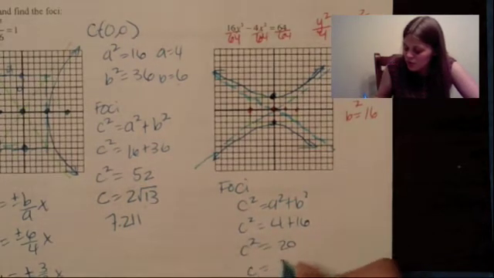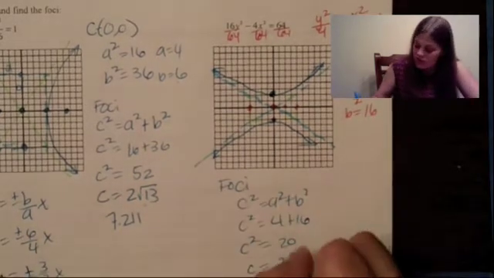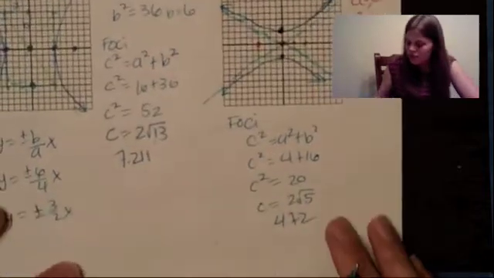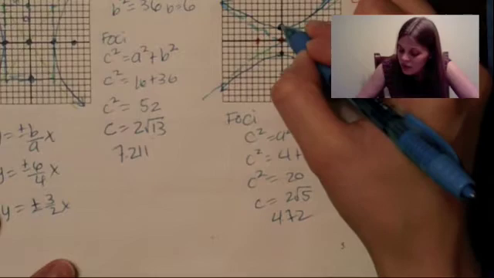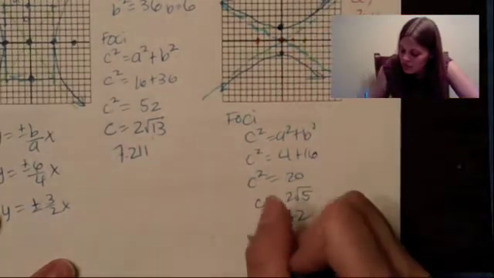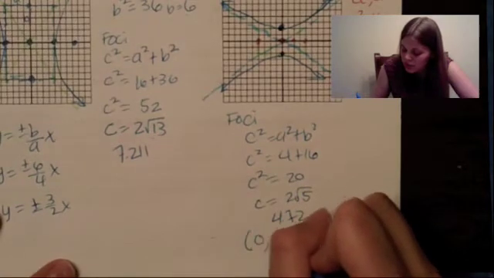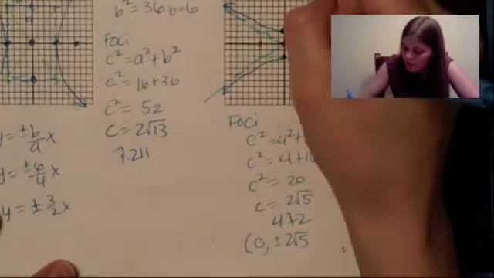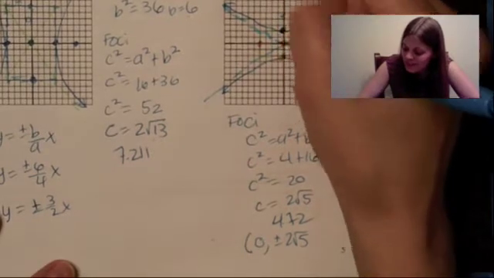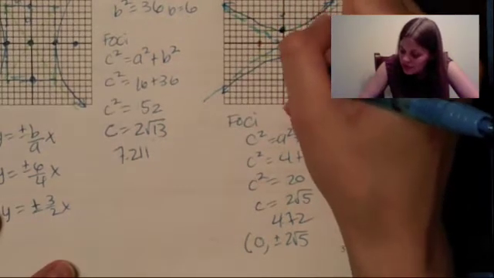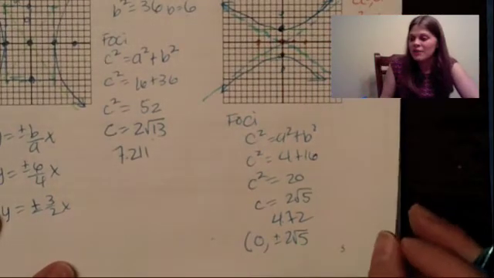The square root of 20 is 2 root 5, which is 4.72. So this would be up and down 1, 2, 3, 4.72. Your foci would be located at 0, plus or minus 2 root 5. There's my other focus.